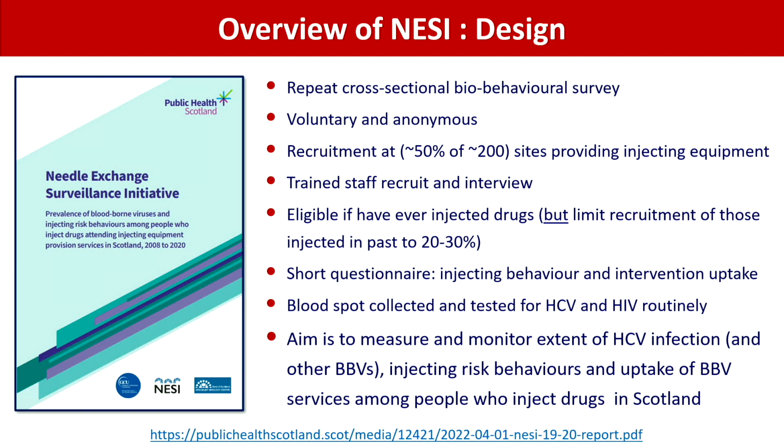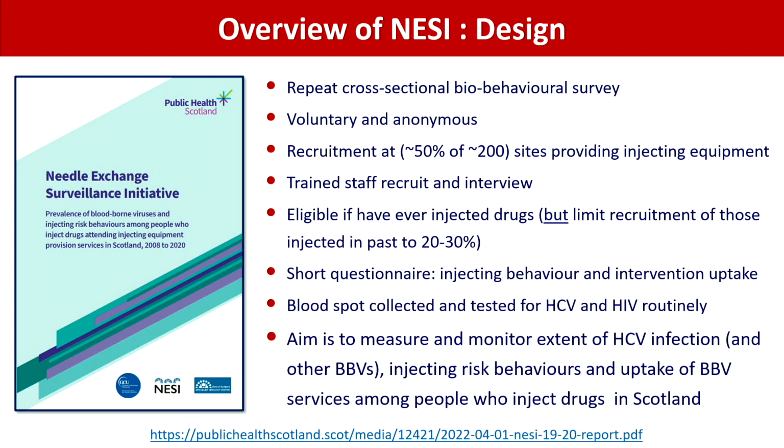But the aims go beyond just monitoring the extent of Hep C infection into other bloodborne viruses, injecting risk behaviours, and uptake of a whole host of services, which I'll not get into just now, but we've got similar data on OAT, naloxone, testing and so on. And it's a repeat cross-sectional survey. It's voluntary and anonymous.